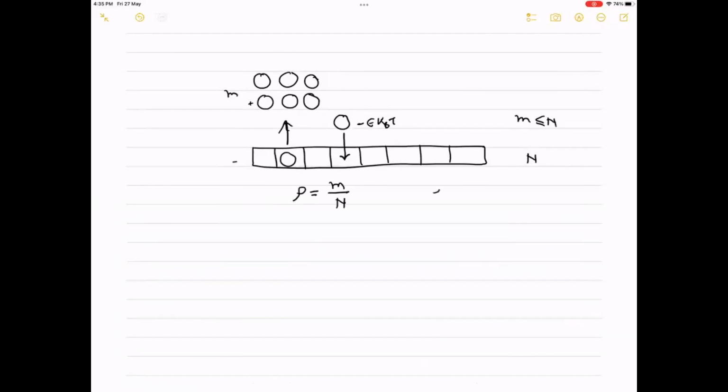And the range of the values for rho can be from 0 to 1. So rho is equal to 0 when 0 sites are occupied, and 1 will be the case when all the sites are occupied. Let's say I have a particular density rho which corresponds to m number of identical proteins. I can think of the rho as a macroscopic state.